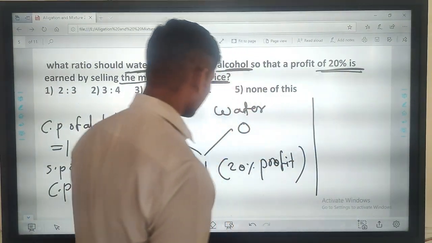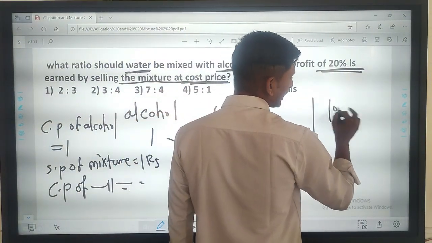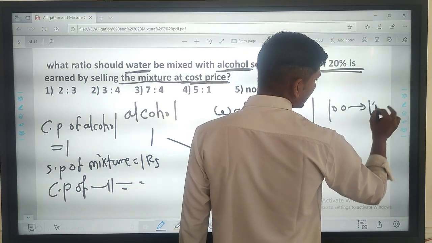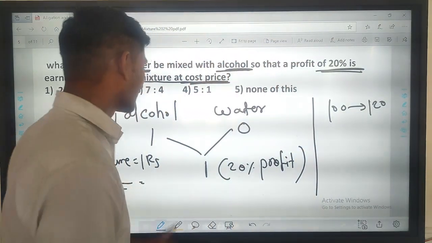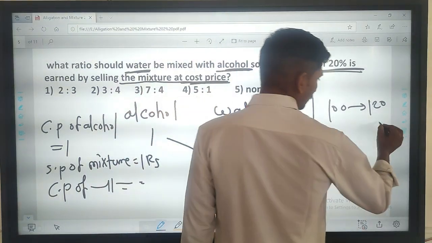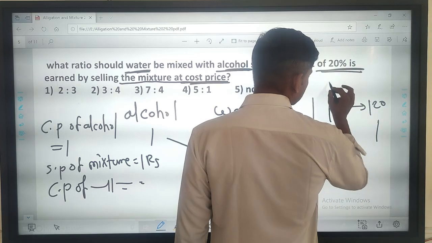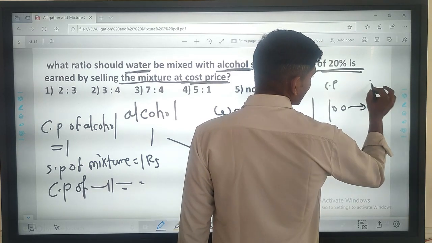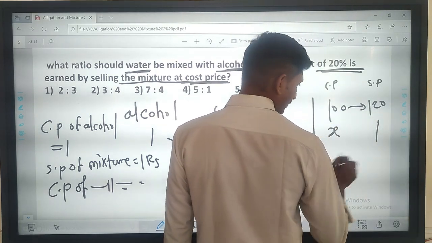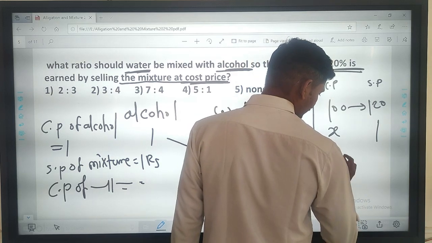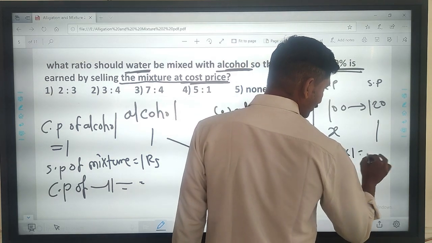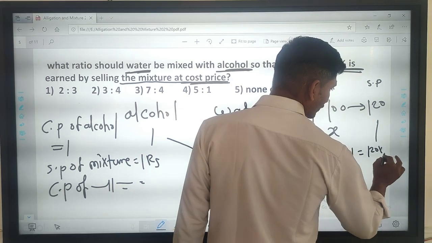Here we write the same 20% profit. If CP is 100, then with 20% profit the SP becomes 120. Here the selling price is 1 rupee. Now find the cost price. Cross multiplication: 100 into 1 is equal to 120 into x.